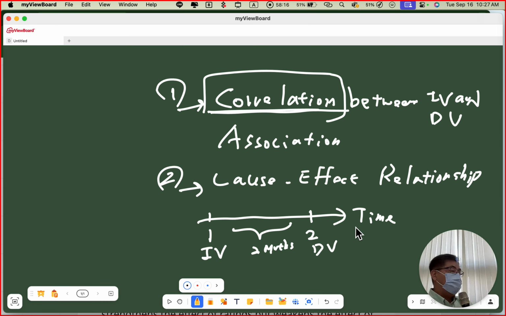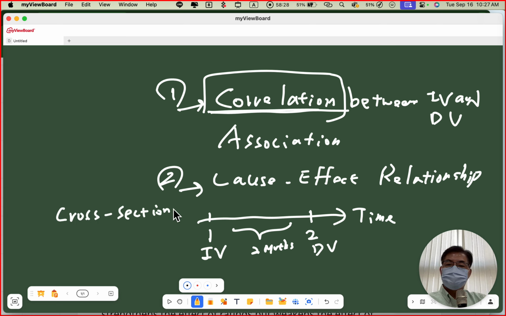Maybe you can say that IV affects DV, or IV influences DV, because I collect data from different time points. If we collect data at only one time point, that's what people usually do, we call it a cross-sectional study, especially for survey data. We deliver the questionnaire to the target only at a specific point of time, only once.